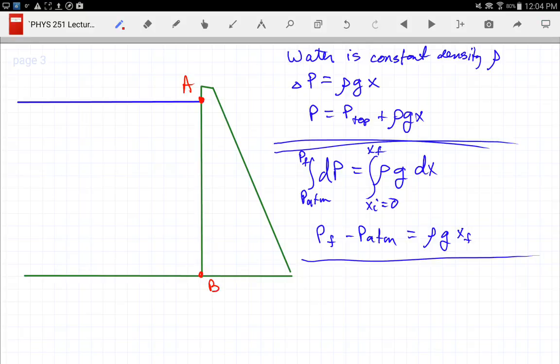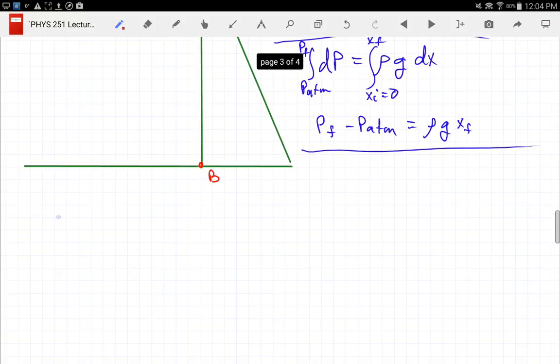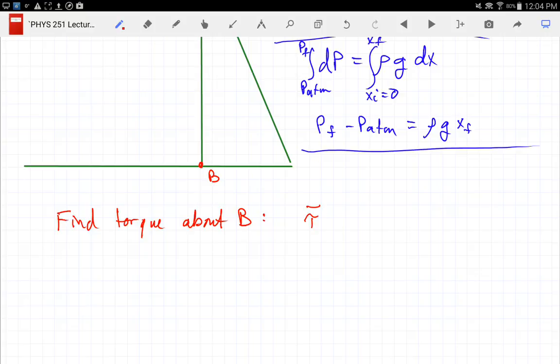If you can do B, you can do A. Let's find the torque about B. Torque is R cross F, right? Or d torque is equal to R cross dF.